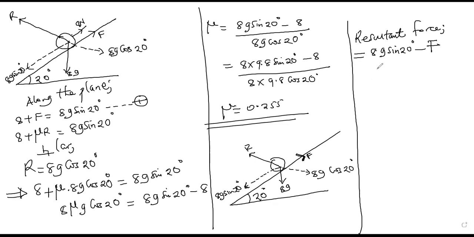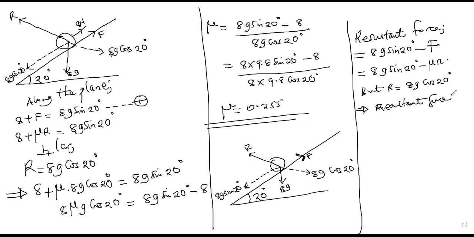This is the same as 8g sine 20 degrees minus μR. But when you resolve perpendicularly, R is equal to 8g cos 20, implying that the resultant force F is going to be equal to 8g sine 20 degrees minus 8μg cos 20.